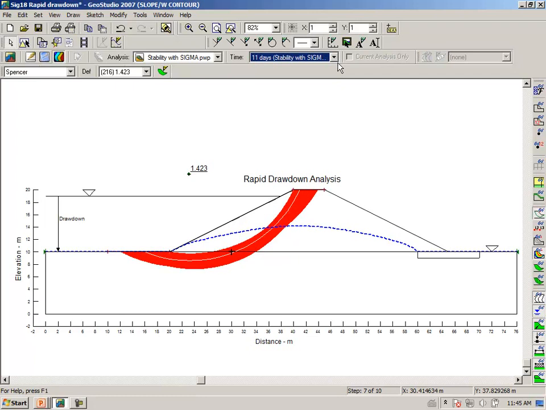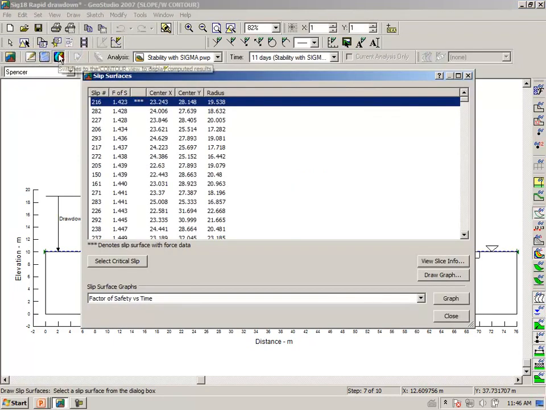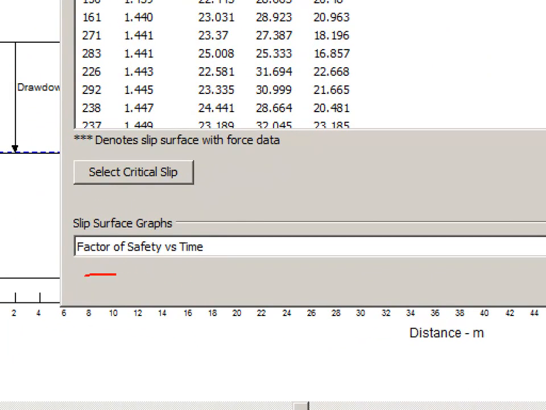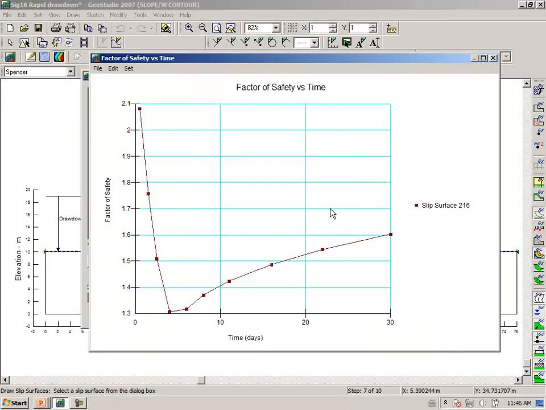of safety increases. We can look at this in summary view by going to Draw Slip Surfaces and clicking on factor of safety versus time. And so here we see a graph of the factor of safety during the reservoir drawdown.